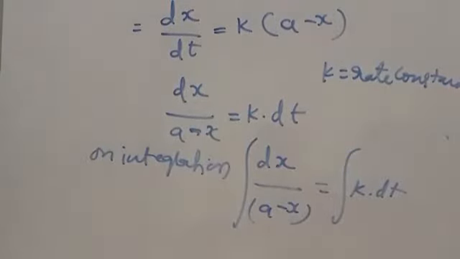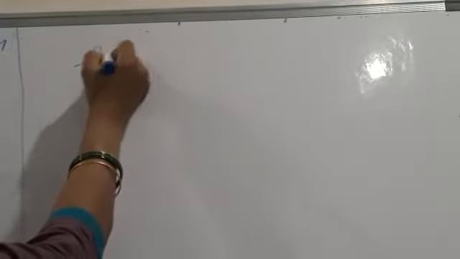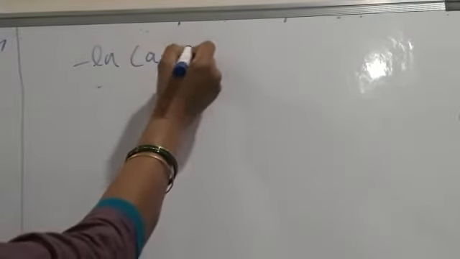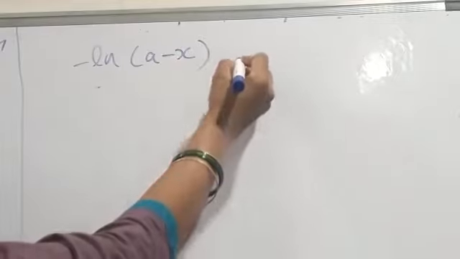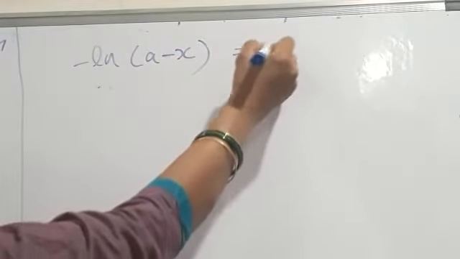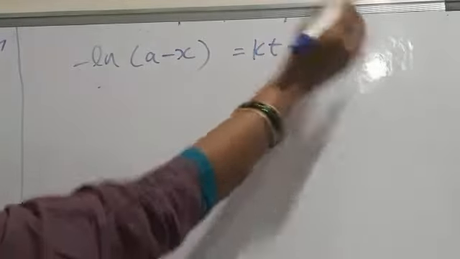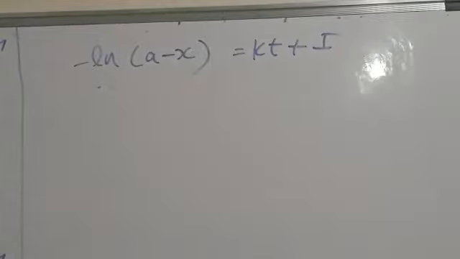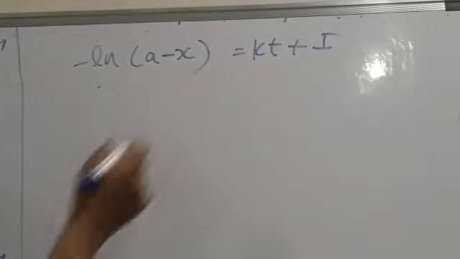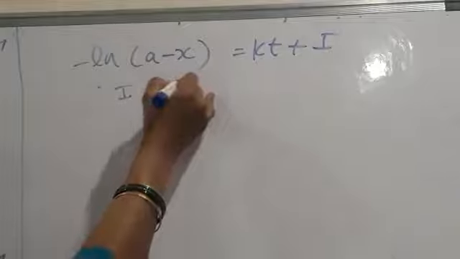Okay. So, on integration of this equation, we get minus ln a minus x is equal to kt plus I. Okay. So, here I is constant.